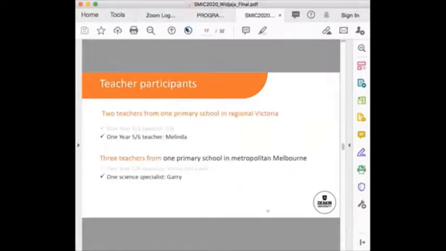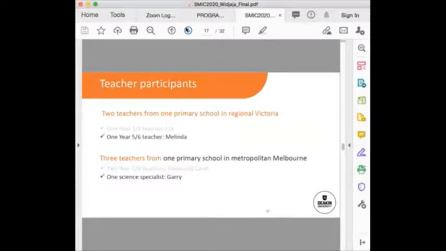So the teacher participants: there are two teachers from one primary school in regional Victoria. So one year 1 and 2 teacher, and one year 5 and 6 teacher. So these are two composite classrooms. Then three teachers from one primary school in metropolitan Melbourne.